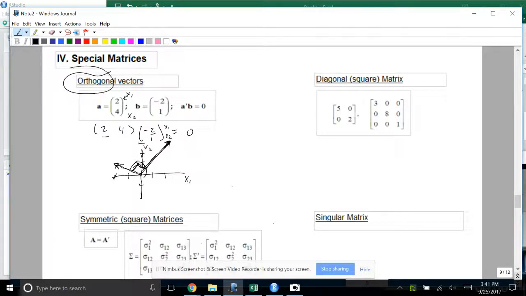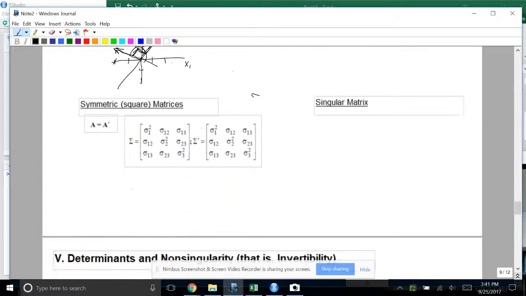So when we talk about orthogonal, what we're saying is that the rays are at 90 degrees to each other. So in statistics, when things are orthogonal, they're unrelated. So they are in different dimensions or complementary dimensions. We'll use some orthogonality conditions a little bit later. But anyway, that's what an orthogonal vector or matrix is. And a symmetric square matrix is one where if you take the transpose of the original, it equals the original.